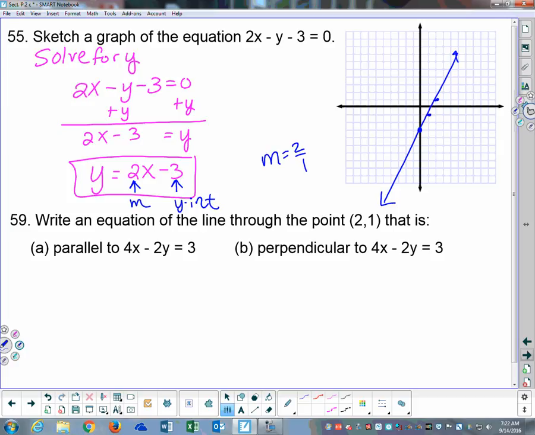Problem 59, write an equation of a line through the point 2, 1 that is parallel to this line. So here is a standard form of the line. I could calculate the slope off that.